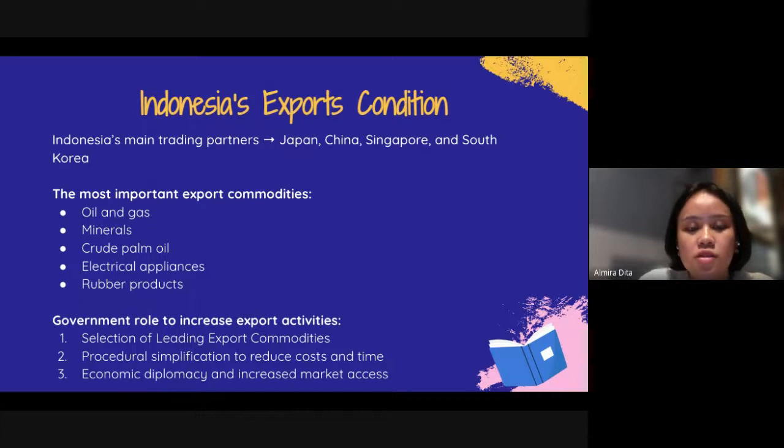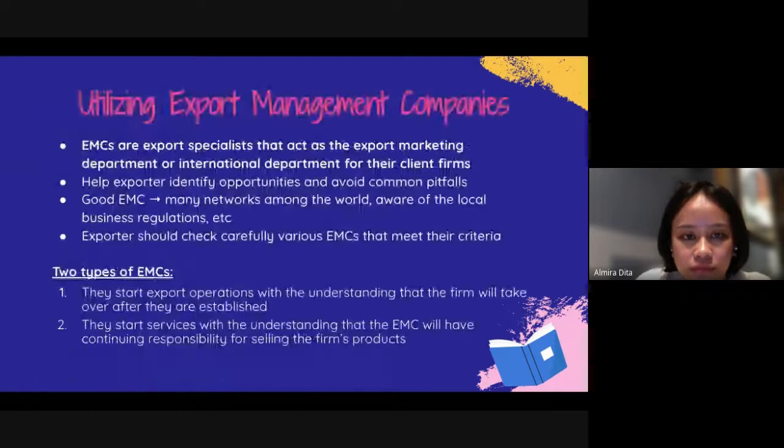But the most important export commodities for Indonesia are oil and gas, minerals, crude palm oil, electrical appliances, and rubber products. Therefore, the government's goals to increase export activities for Indonesian companies include selection of leading commodities, procedural simplification to reduce costs and time, and the last one is economic diplomacy and increased market access.